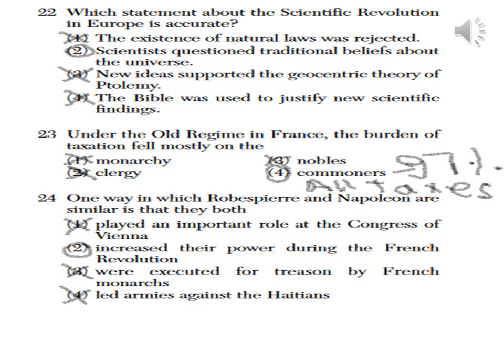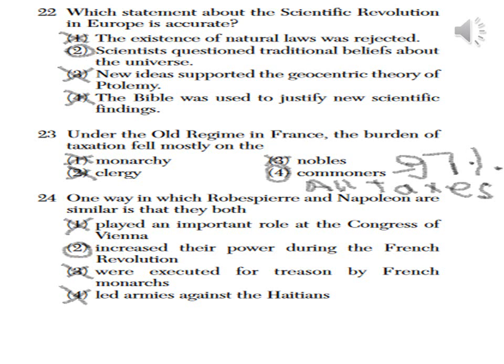The first estate was the nobility, the second estate was the clergy, and 97%, pretty much everybody else, was a commoner. And what happened was the commoners had to pay all the taxes, even though they made up 97% of the population. They had to pay all the taxes.